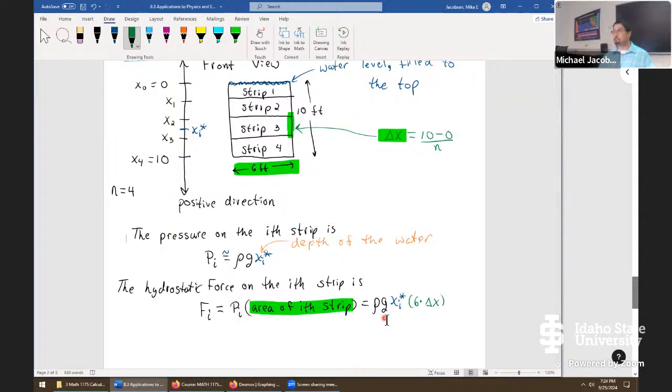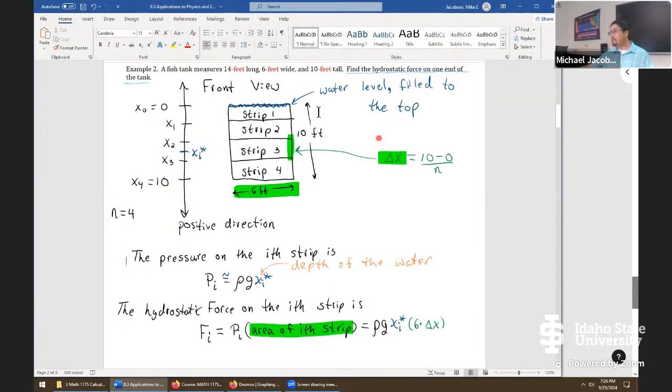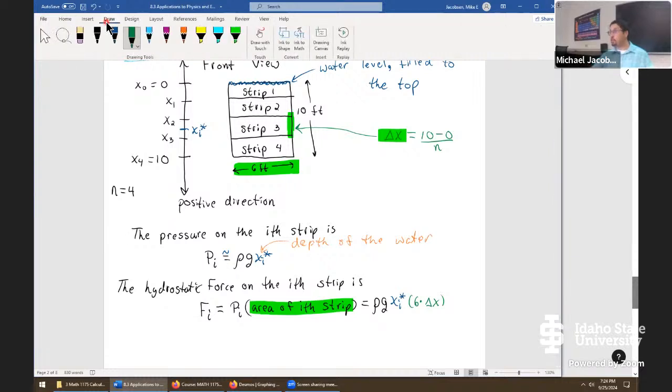Okay, now, even though it's a pretty blunt approximation, we now have at least an approximation for the hydrostatic force on this front end of the fish tank. We can say that the total force, let's say in the notes, is just F for the force altogether.